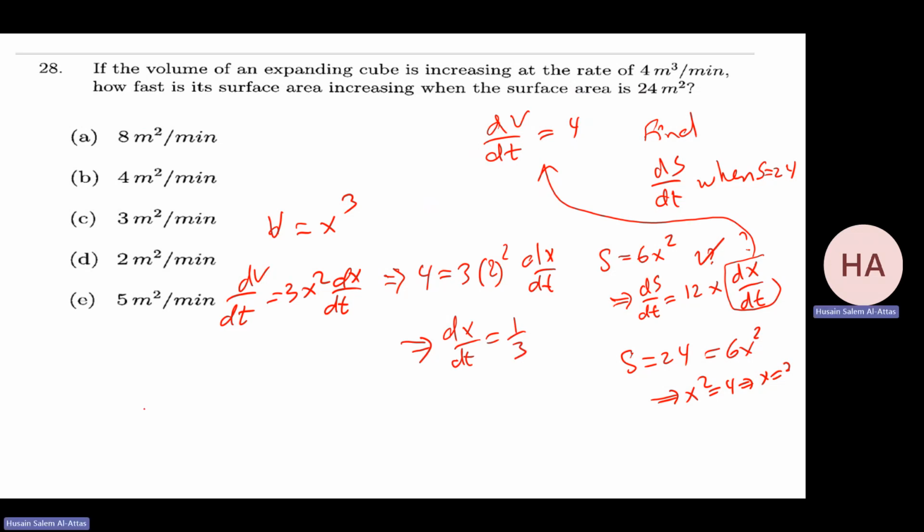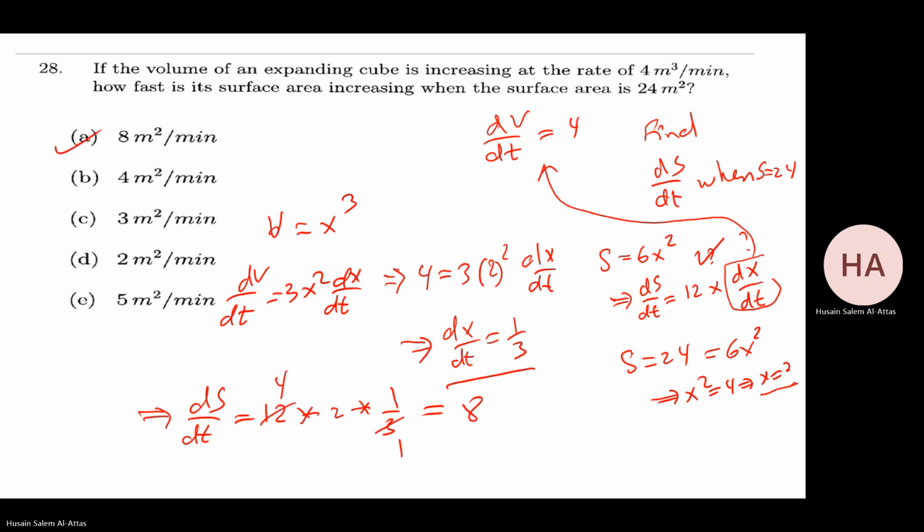Now I plug in the numbers. ds/dt will be 12 times 2 times 1 over 3, that will be 8, which is this one.